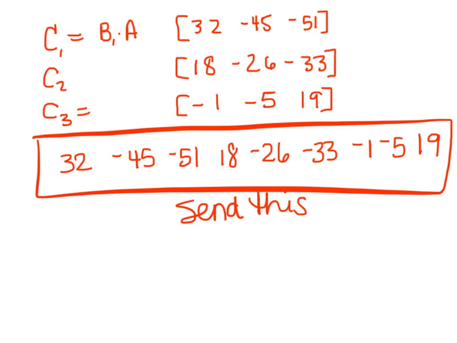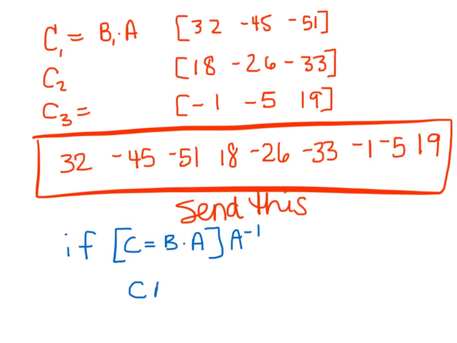So, how do you uncode? Well, that's easy. We set this up that C was equal to B times A, okay, the coded matrix. And what I could do is multiply both sides on the right-hand side by A inverse, right?